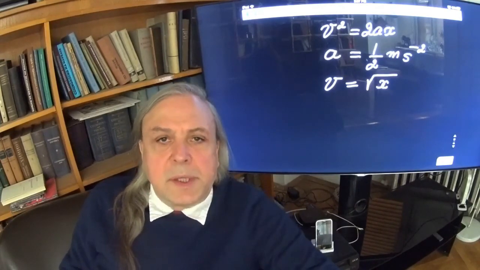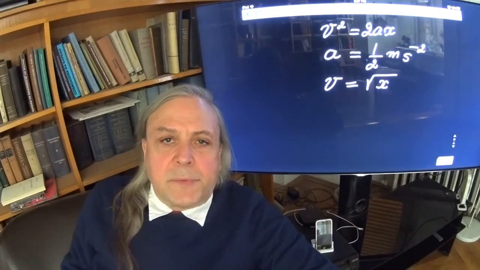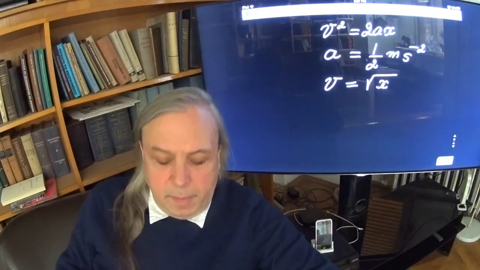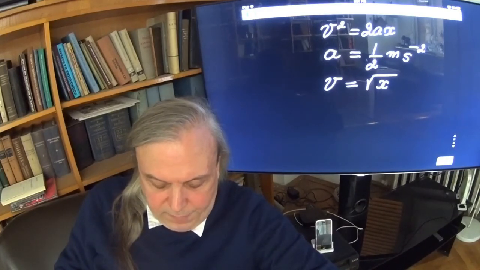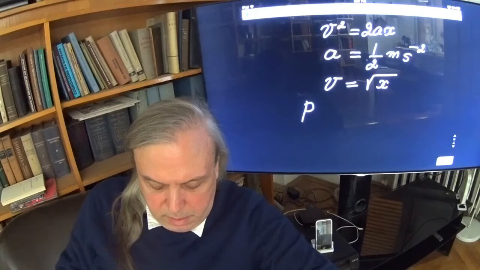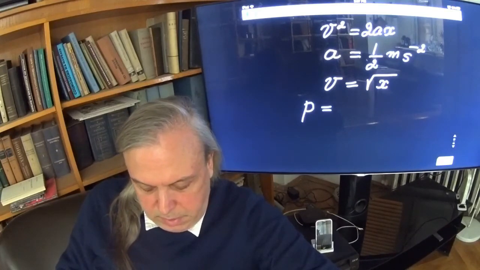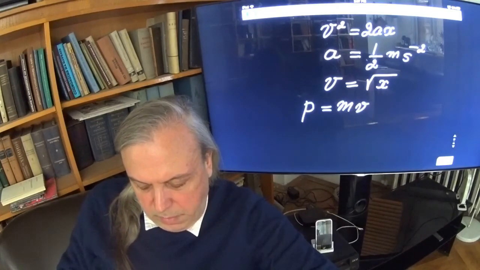Now this equality, this parabola, is written for mass unity. So for any mass m, we have momentum p equals mv, which is equal to m square root of x.